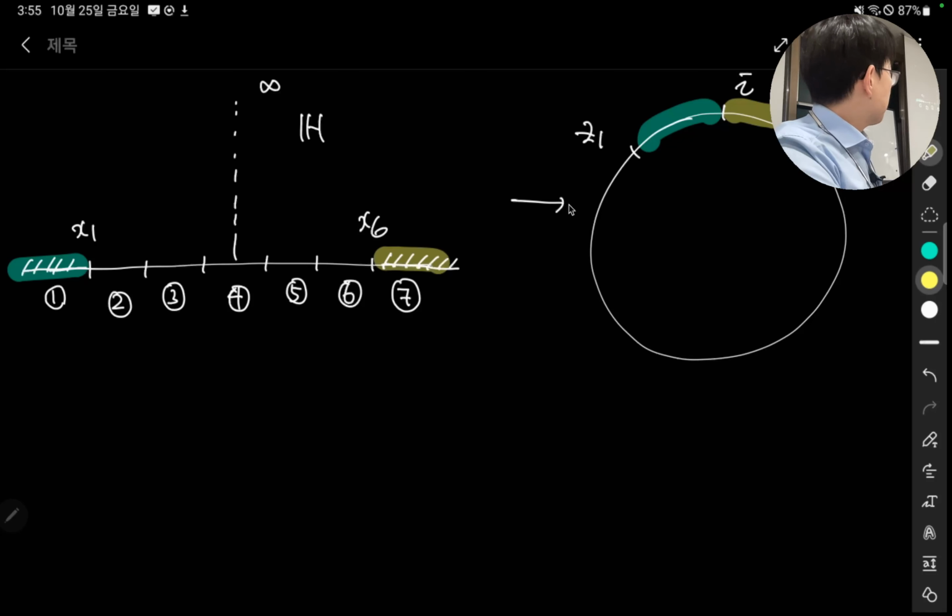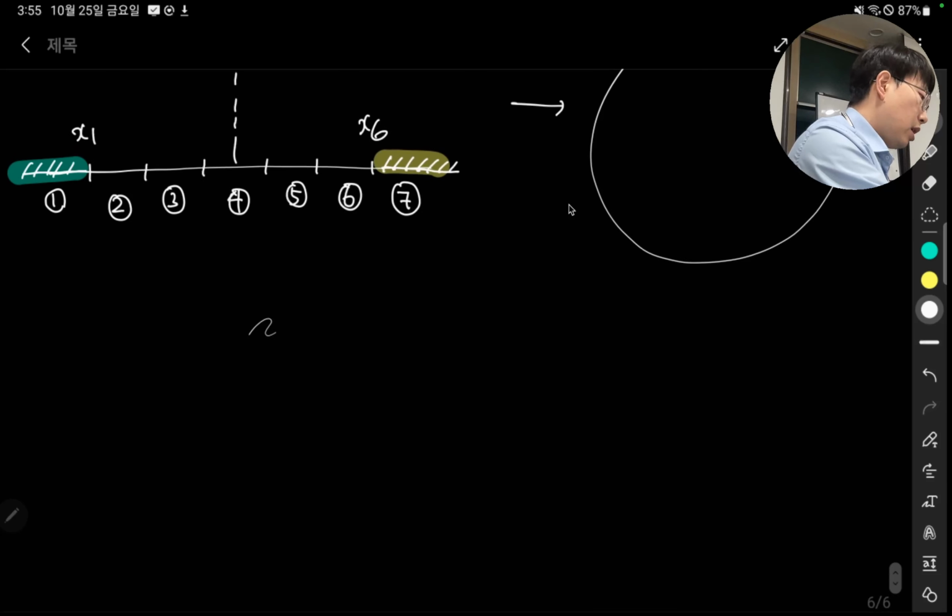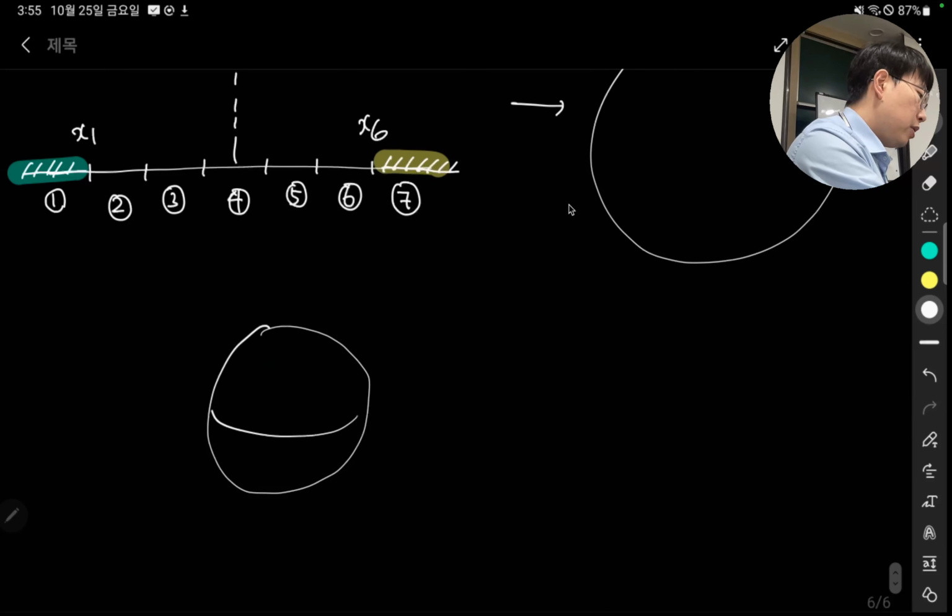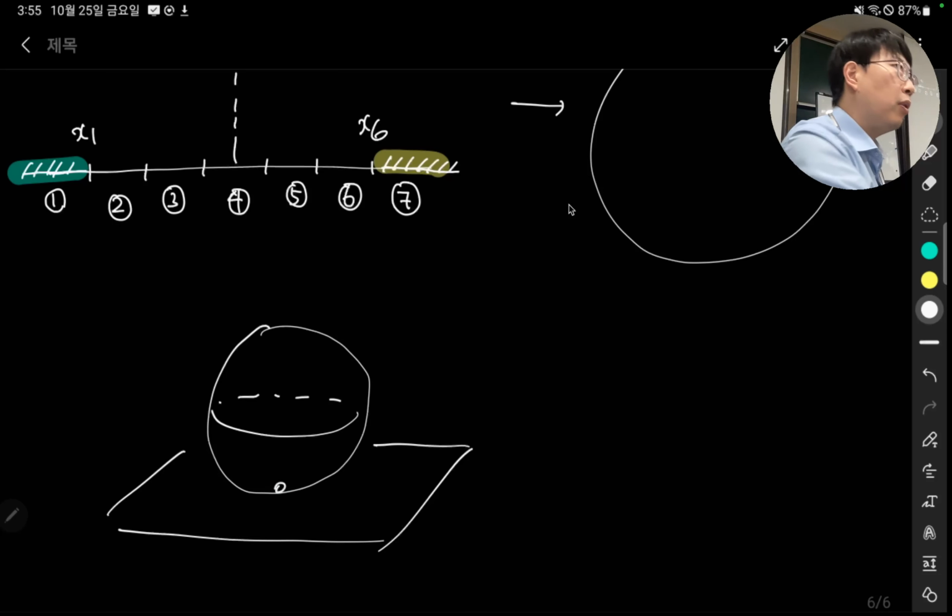You might think it's weird to have an infinite region close up into a finite region. It's not really weird, because you have probably seen this picture. You have a sphere and the plane that touches the south pole.